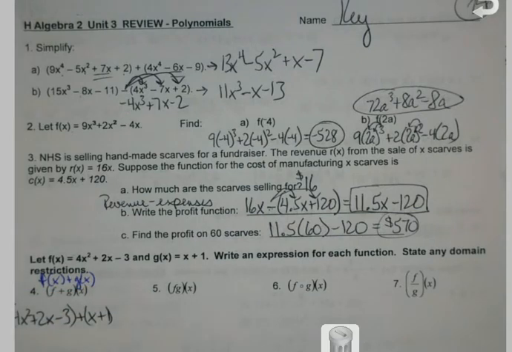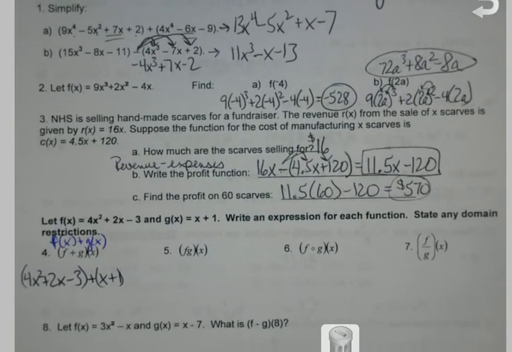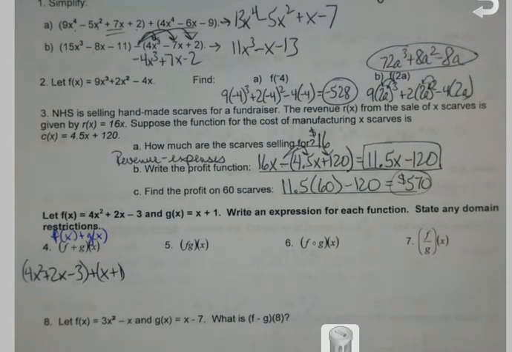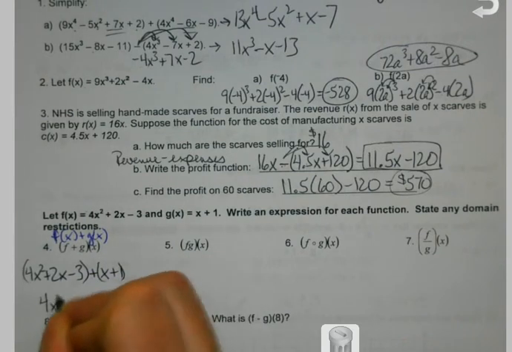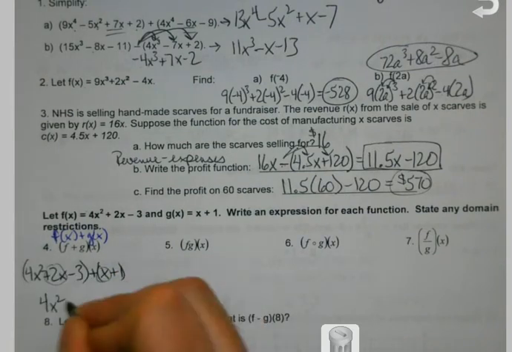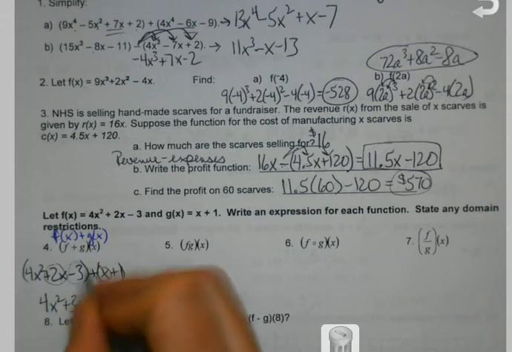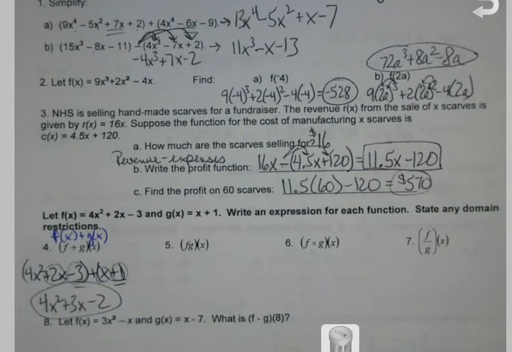Okay, nothing to distribute. There's no other like terms to look at anywhere else. The plus doesn't change anything. So now I just combine what's alike. And I'm done. Don't make this harder than it has to be.